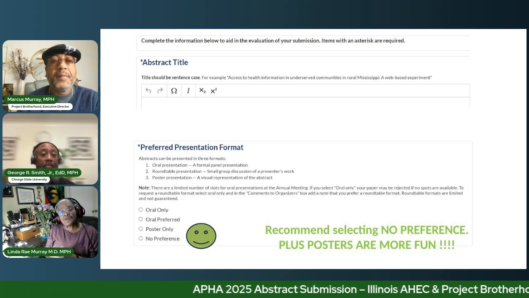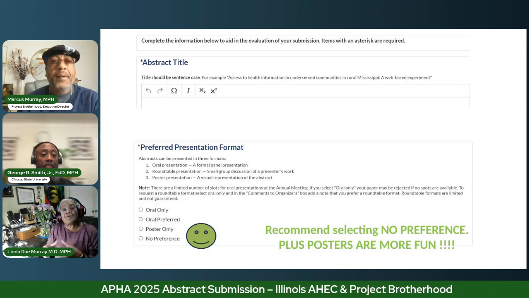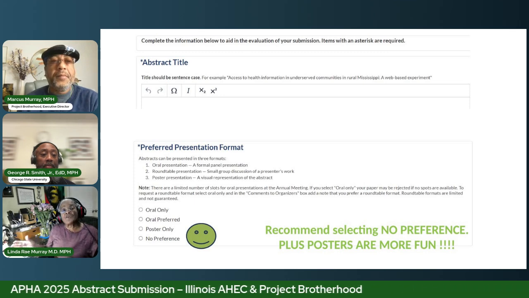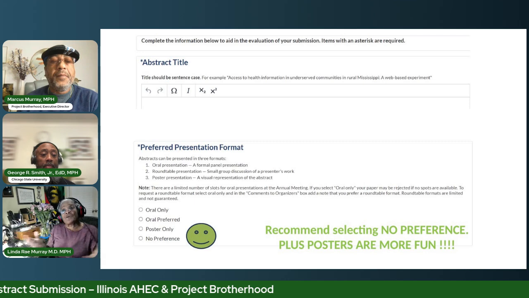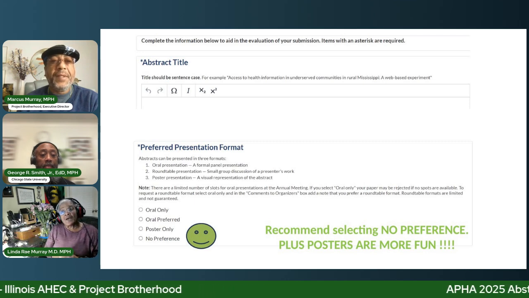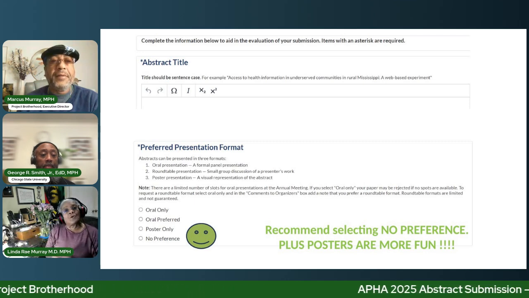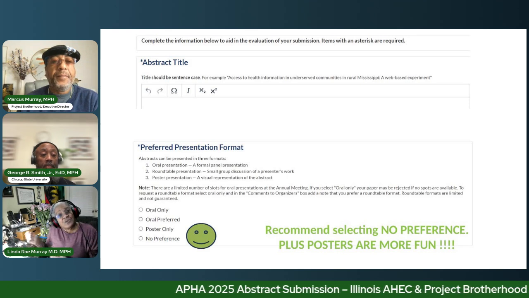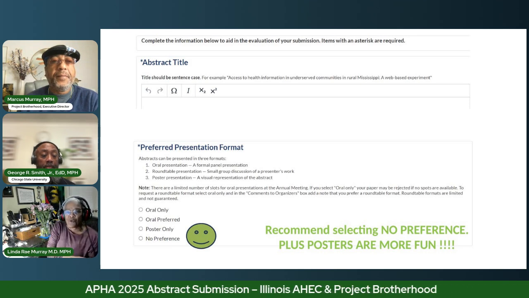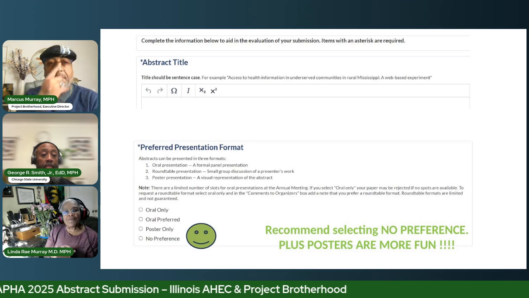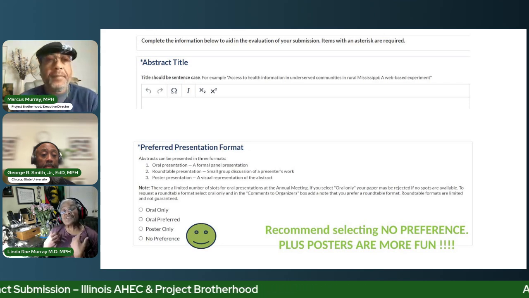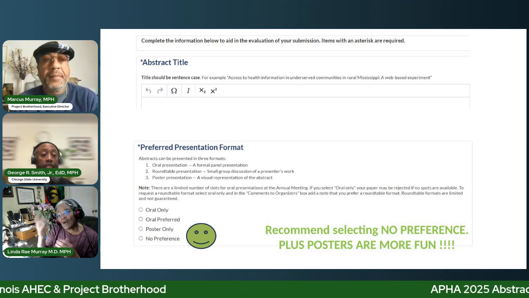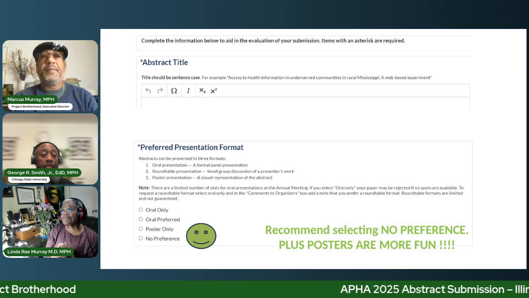There are some years where there are not enough rooms to accommodate all the great abstracts and all the good discussions that need to go on. So if you only put oral only, you'll miss the chance of doing a poster, even if your preference is oral. So I would put no preference. It gives you a chance to present something. But obviously you don't have to choose that. Next slide.